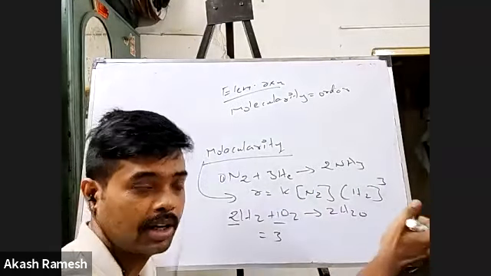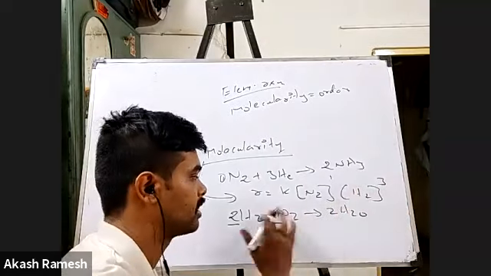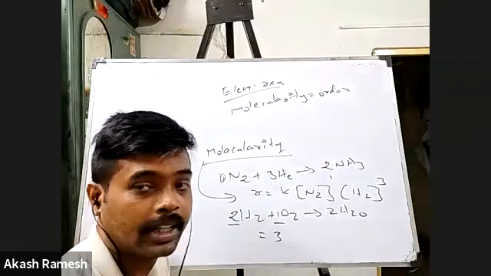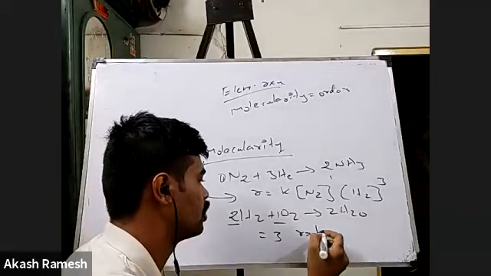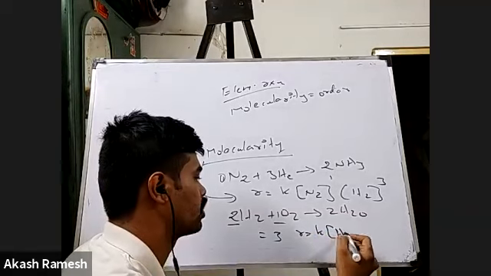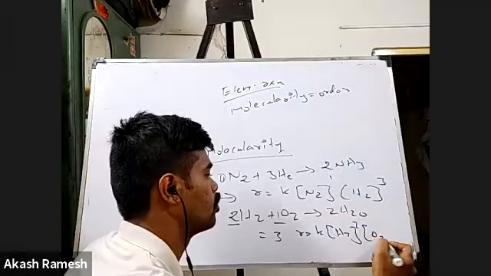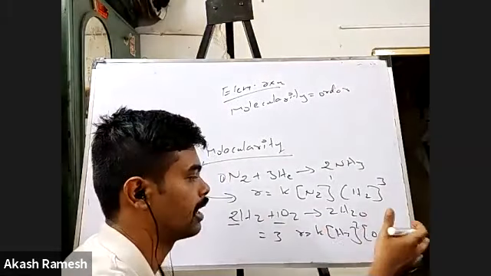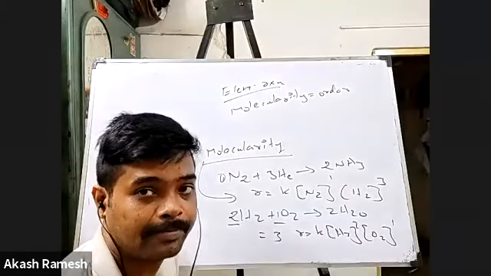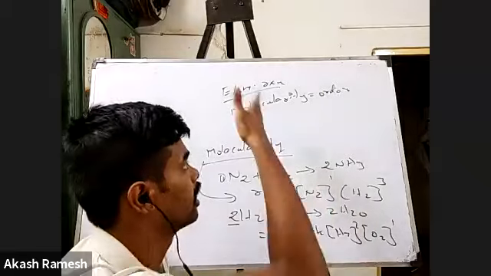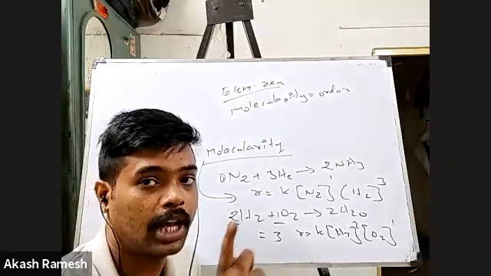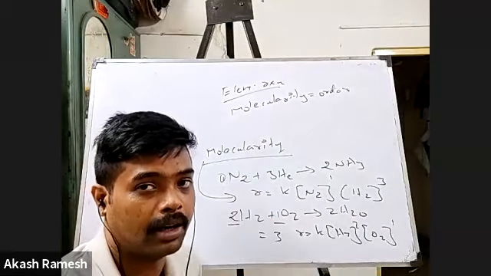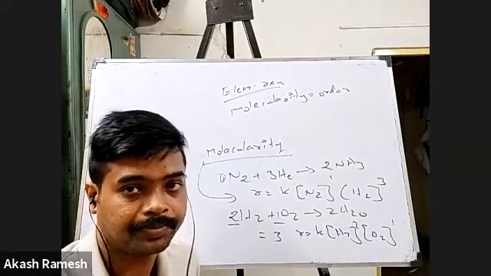What is the overall order here? 1 plus 3 is 4. Same way for this, if I write R is equal to K into H2 power 2 into O2 power 1, you can see that the overall order is 3. So again, molecularity and order are the same, and this will happen only if you have elementary chemical reactions.